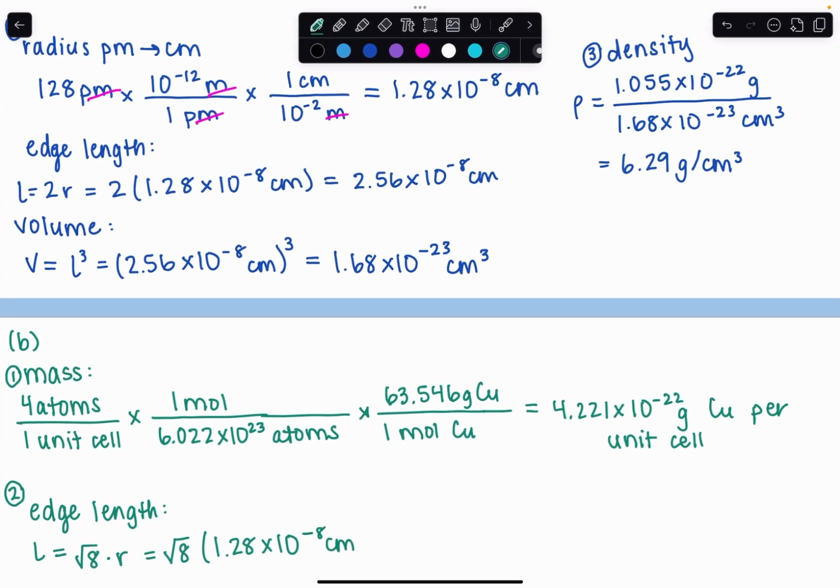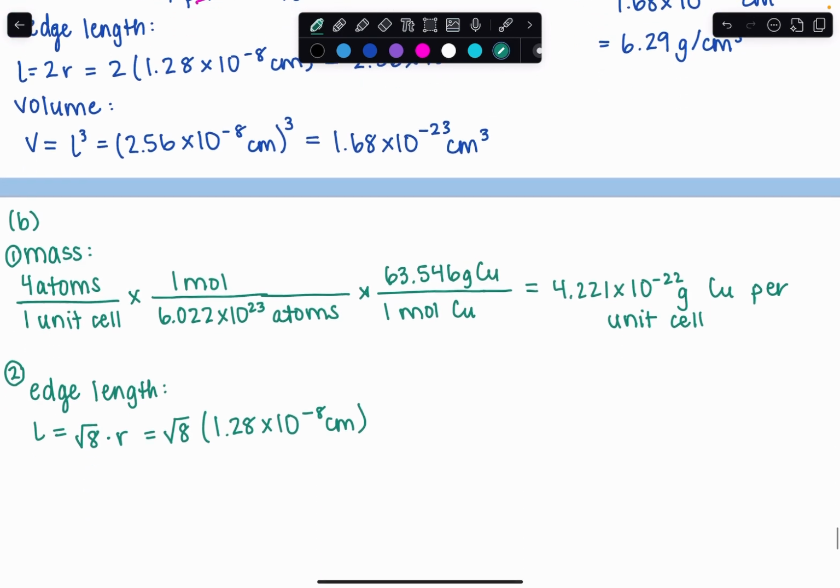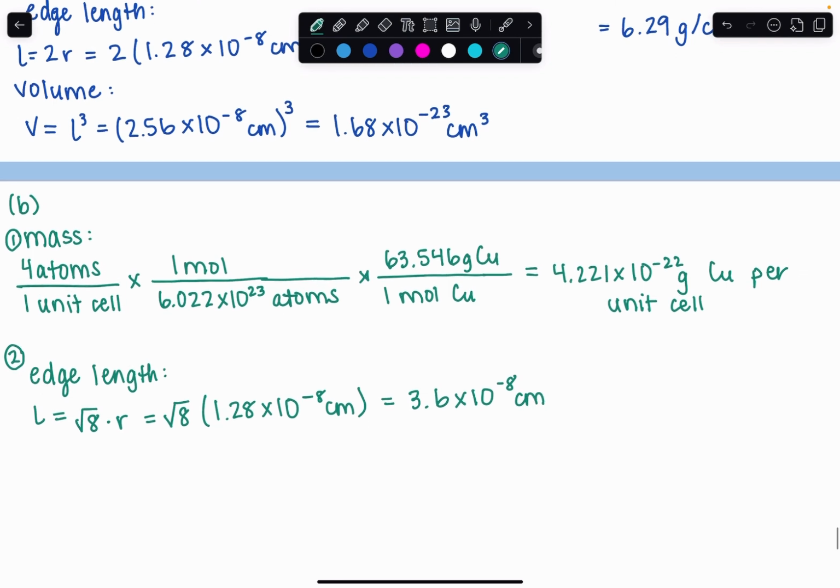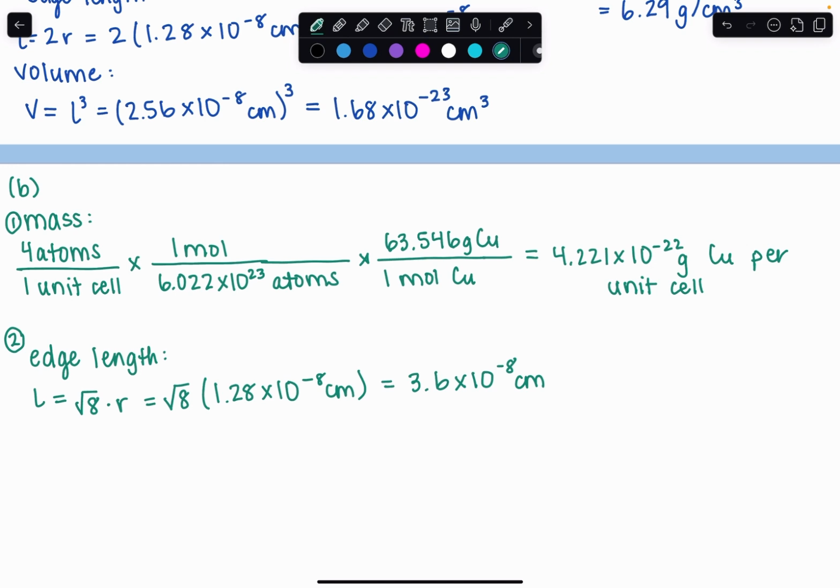Again, we converted to centimeters in the first part, part A. And this is equal to 3.6 times 10 to the negative 8 centimeters. So that is the edge length, face-centered cubic for copper.